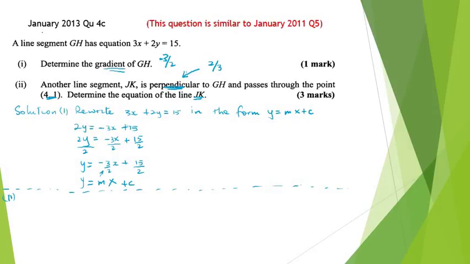So the perpendicular gradient of GH, which is for JK, is 2 on 3. And we have the point (4, 1). So I could substitute for x, y, and m, so I could find c.